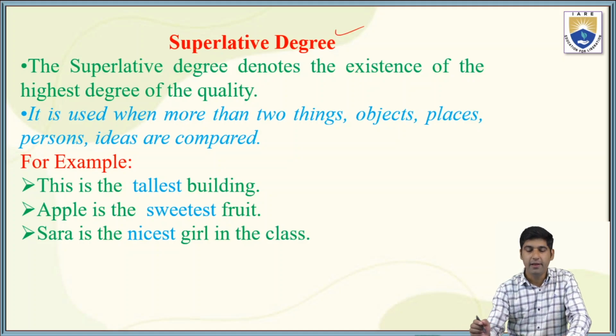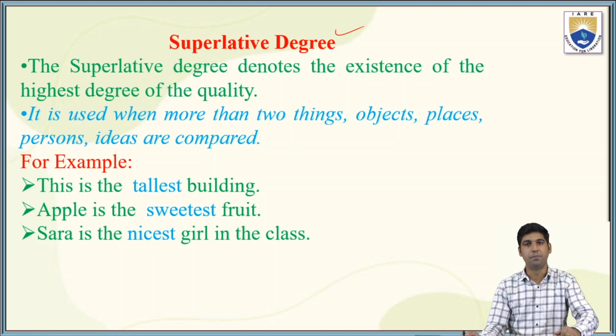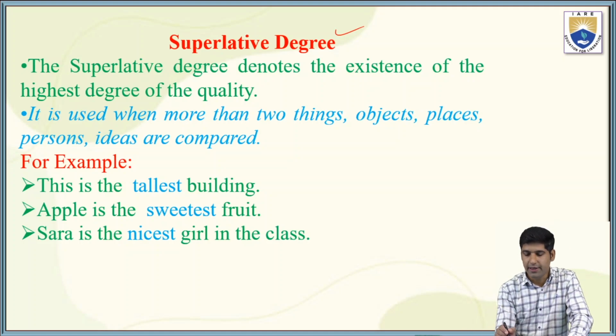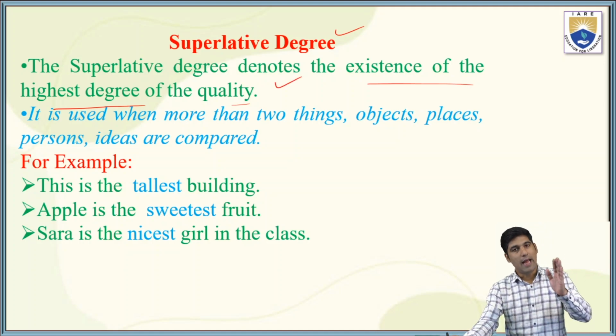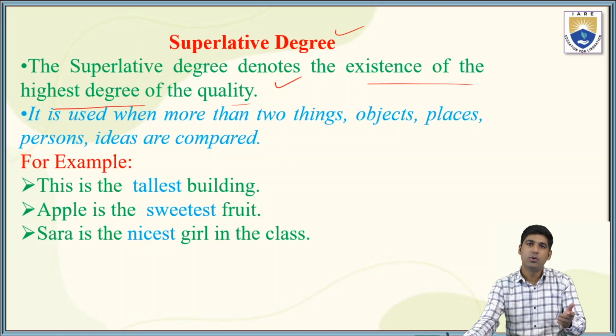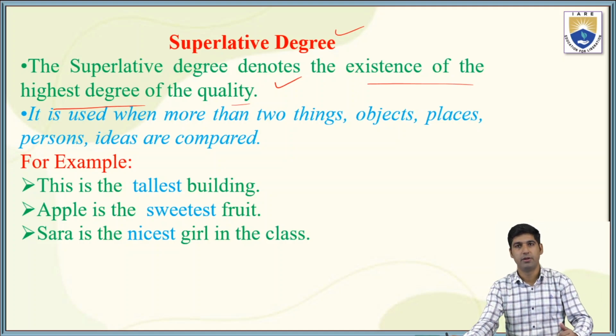What is the superlative degree? This is the last one. The superlative degree denotes the existence of the highest degree of the quality. The positive simply shows mere existence. The comparative shows a degree higher than the positive. The superlative shows the existence of the highest degree.